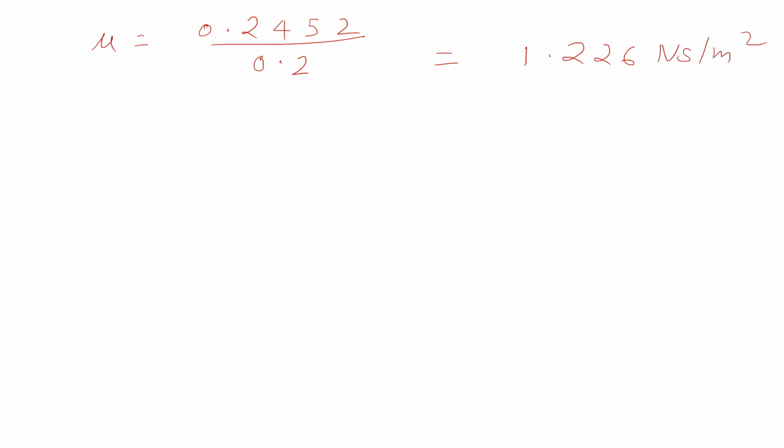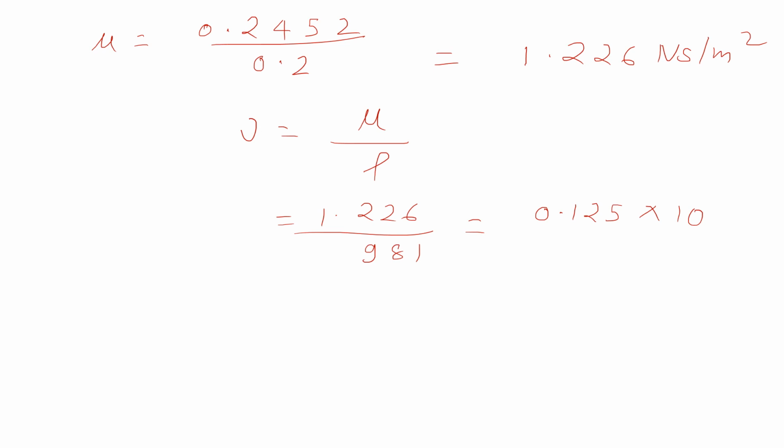Now we have defined kinematic viscosity, which we need to find in the question, as nu is equal to dynamic viscosity divided by density. So we will write the values, and we will get 0.125 multiplied by 10 raised to power minus 2 meter square per second.